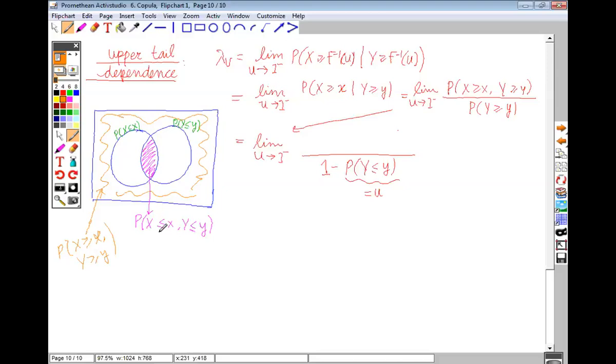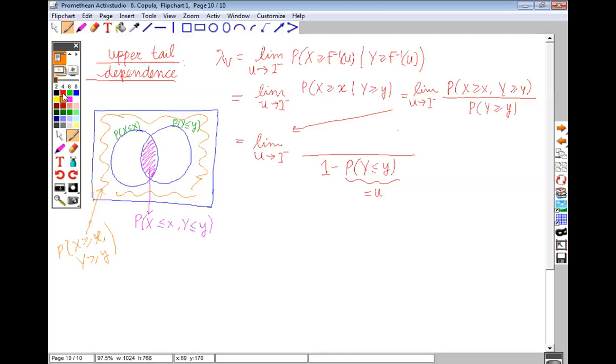So if I have to write this probability that my x will be greater than x, comma y will be greater than y, in terms of this, what will I have to do? I can't simply write it in terms of that, right? Basically, I want to take into account this orange region. So what I can do is take this 1 and subtract this much of the area from within the 1.